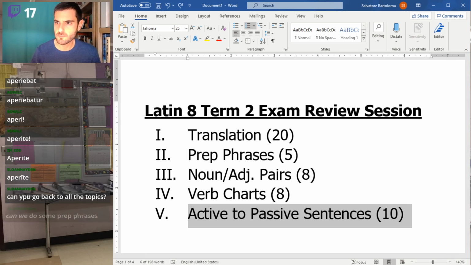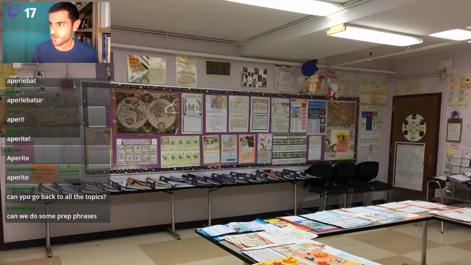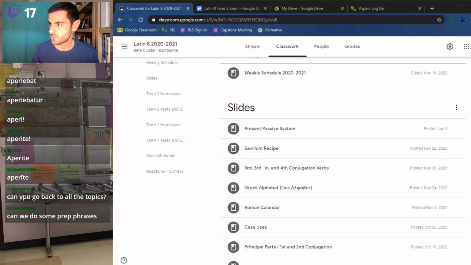The other thing too, we can definitely do some prep phrases. Don't sleep on the Google Classroom. If you go in the classwork tab, let me quickly draw on here. Oops, Chrome, there we go.